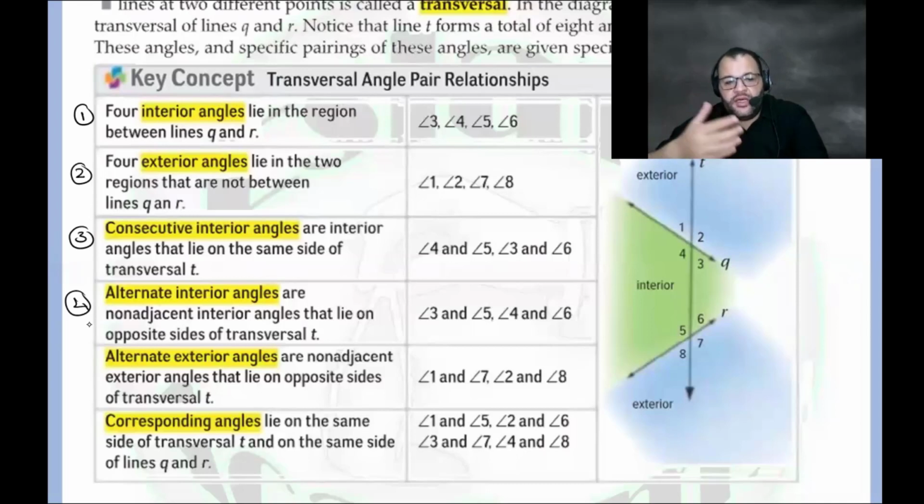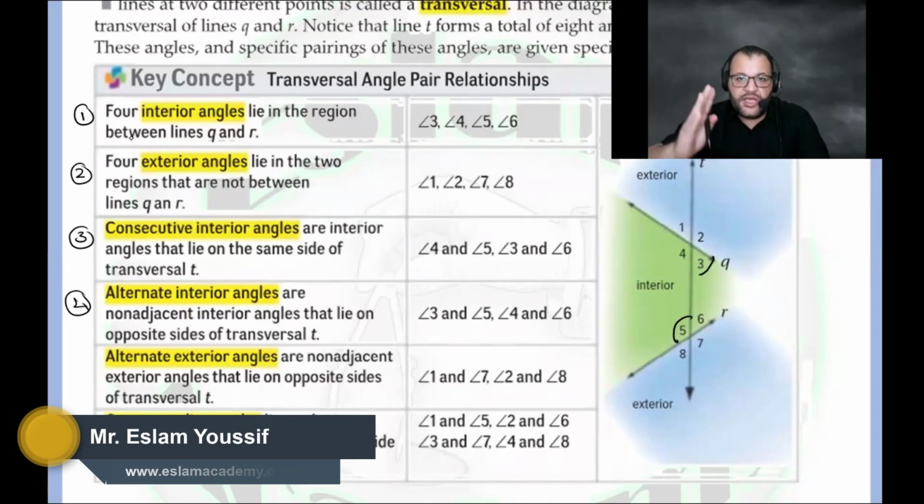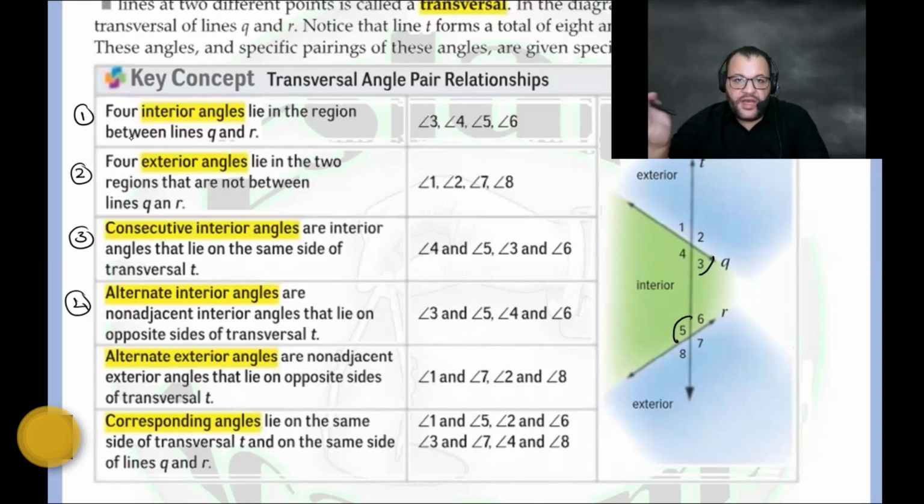So for alternate angles, the two angles lie on different sides of the transversal, they are not adjacent, and both of them are interior. For example, angle 3 and angle 5 lie on two different sides of the transversal. 3 lies at the right, 5 at the left.